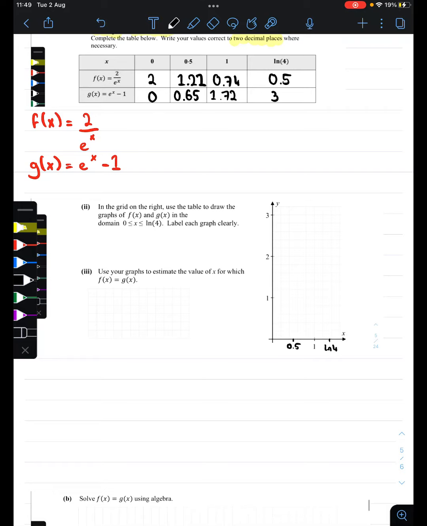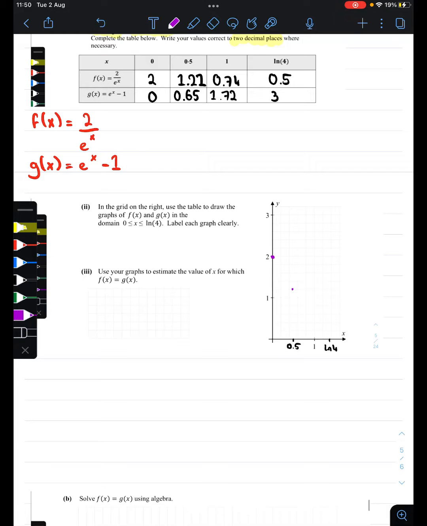And now we can just draw a graph. So when x is 0, we'll draw f of x first. It's 2. When x is 0.5, it's 1.21. So something like this. When x is 1, it's 0.74.